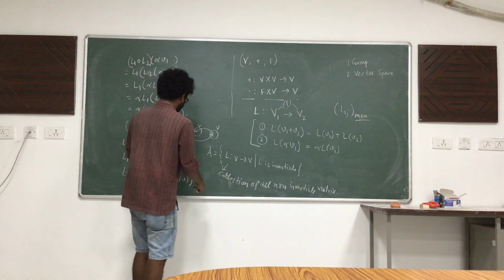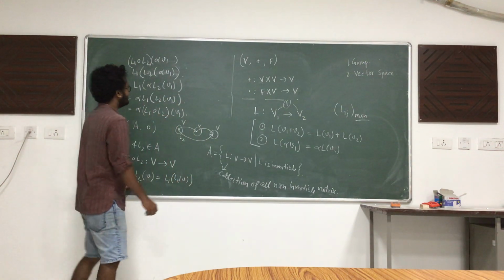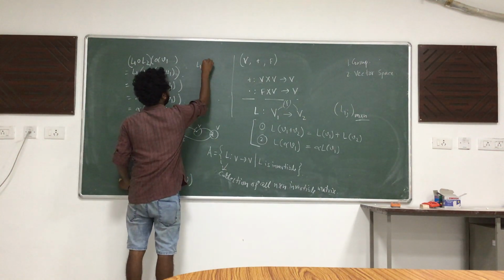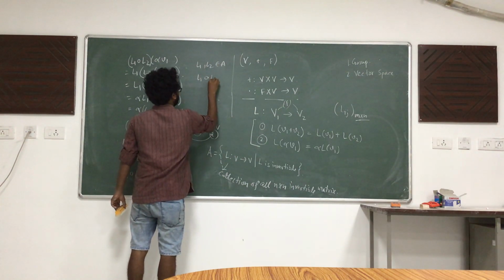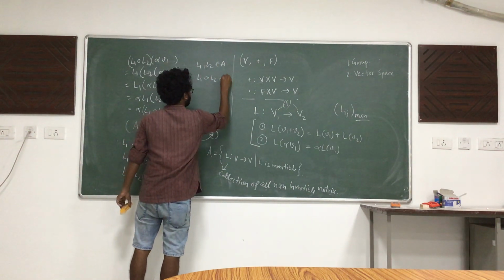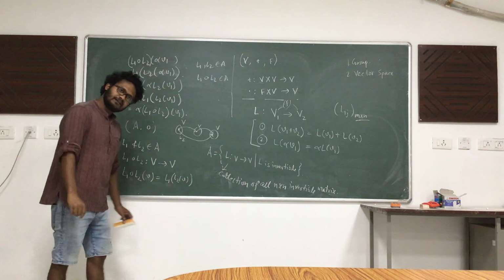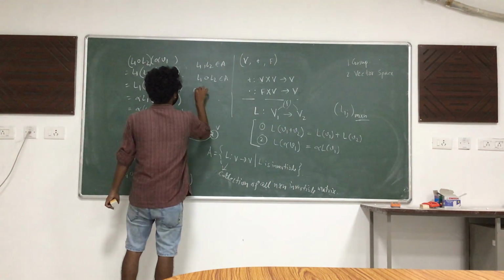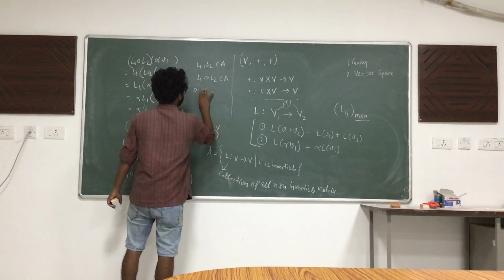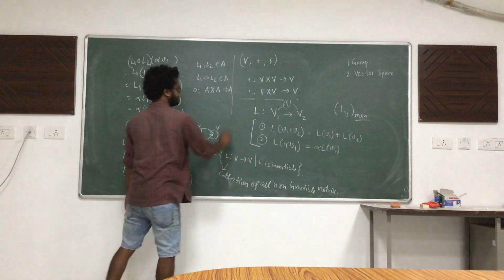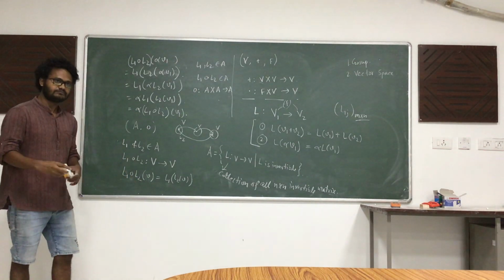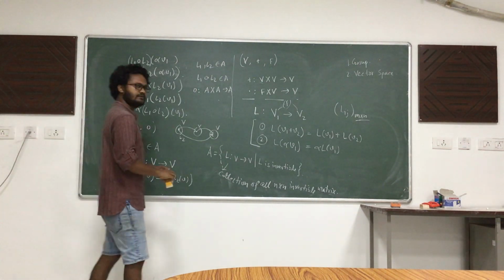So once we take L1, L2 from A, under the composition L1, L2 belongs to A. That means composition is a binary operation from A cross A to A.